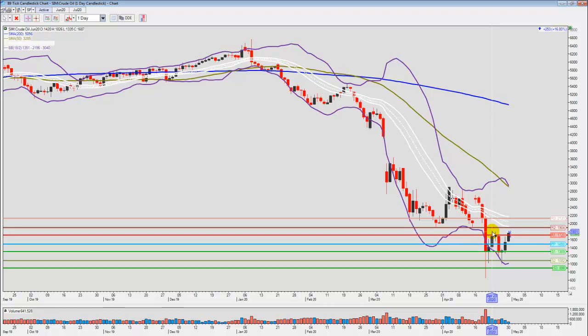So let's see, this high here is 1826. This high was 1797. Let's double check that. Yep. And this high right here that we just went to is 1800. So we've hit the top of the ledge. There's obviously a lot of sell stop orders above this.